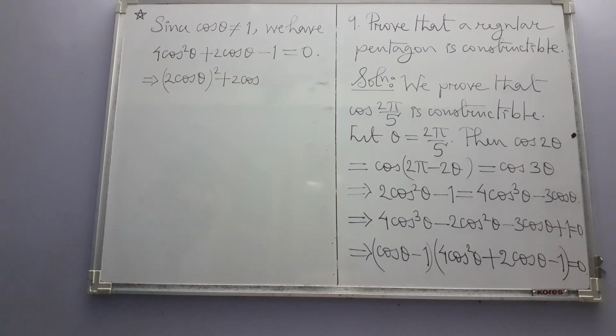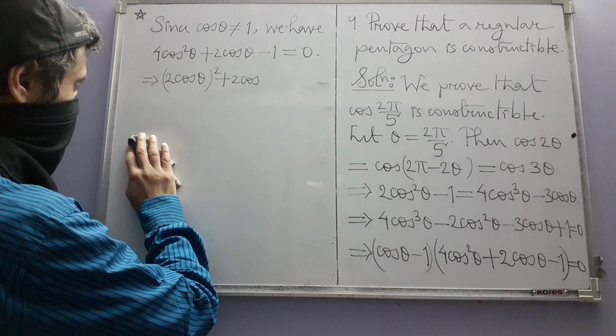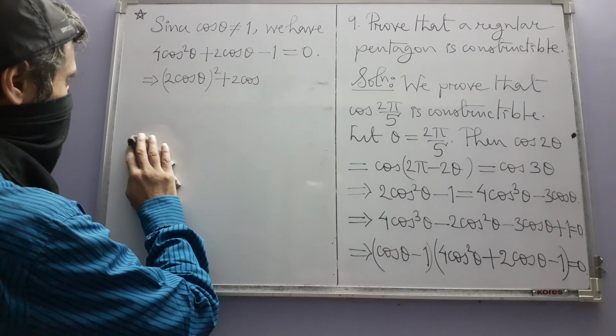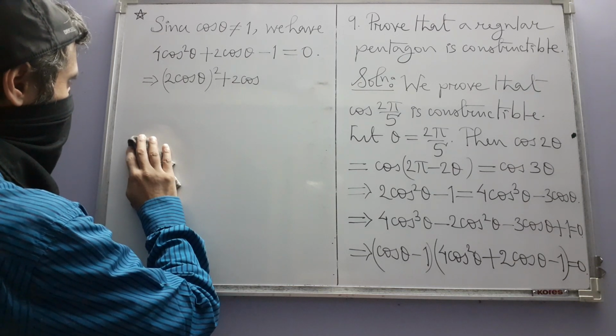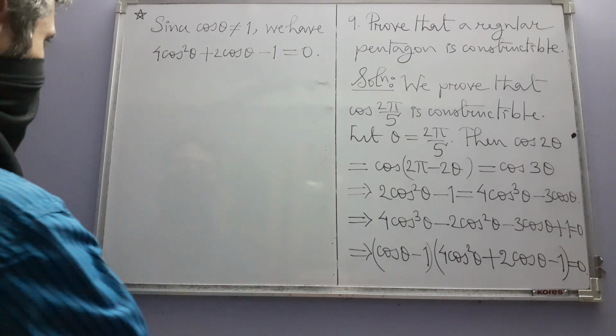Instead of dealing with only cos theta, we can deal with cos 2 theta also. That way the polynomial will be somewhat easier. But anyway, let me just do what I have done here.